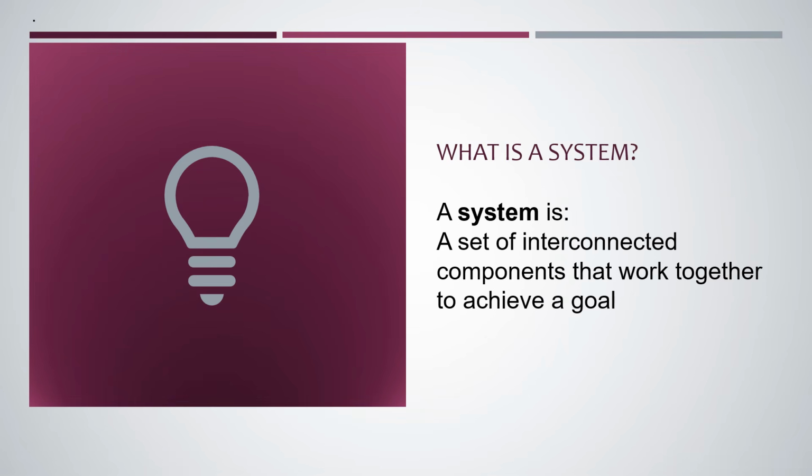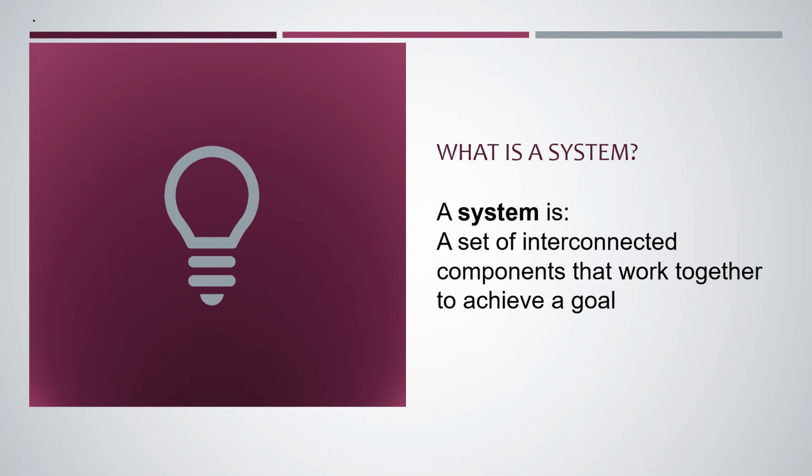So, let's come to the topic. The very first question that should come to your mind is, what is a system? A system is a set of interconnected components that work together to achieve a goal. Interconnected components means interconnected parts which are working together.